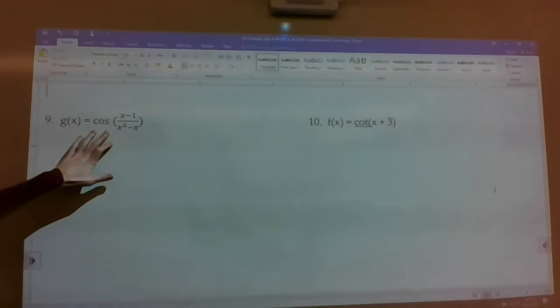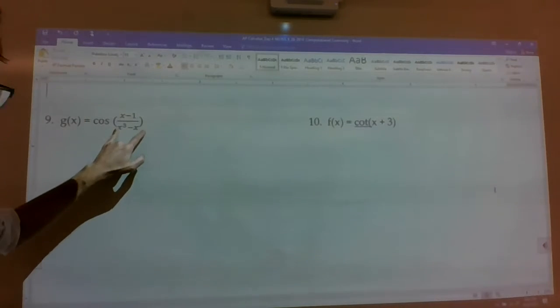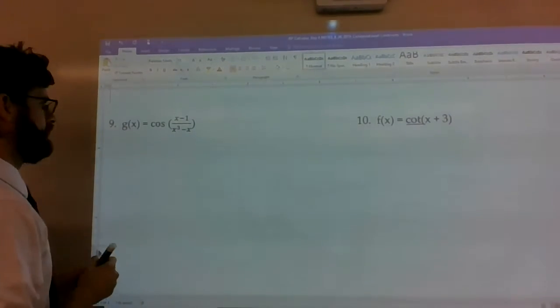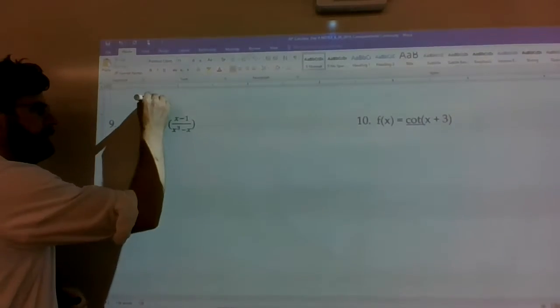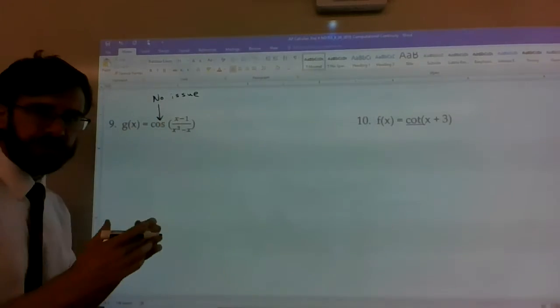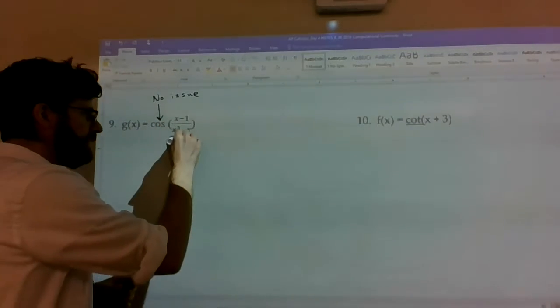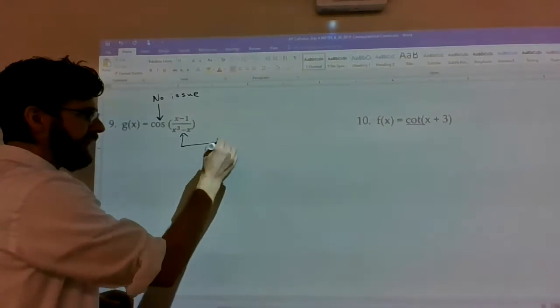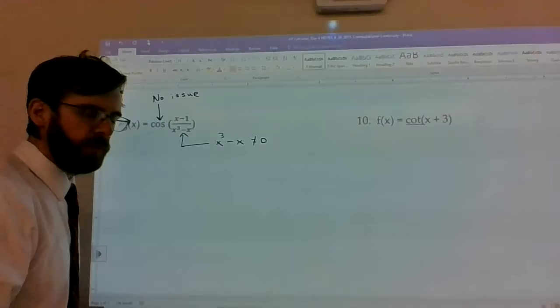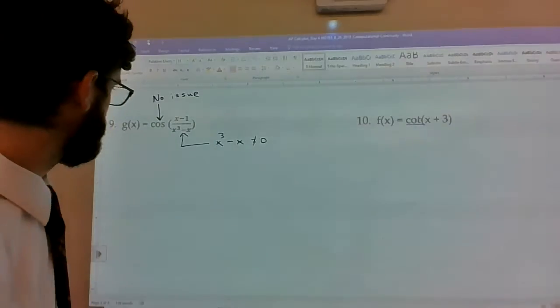You've got a cosine function that has inside of it nested a rational function. Yeah, you can see that better now. Now for the cosine itself, there's no issue. Inside here, though, x cubed minus x cannot be 0. So we're going to have a few discontinuities here.